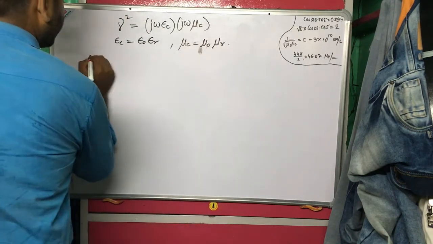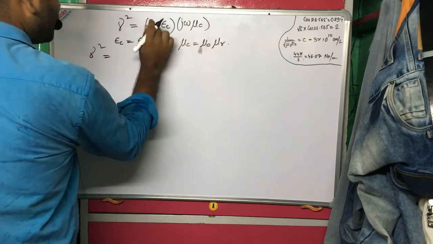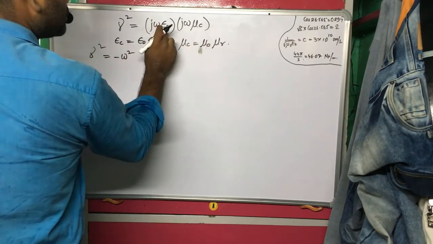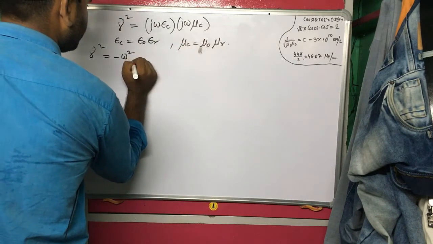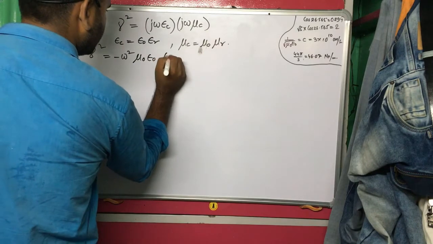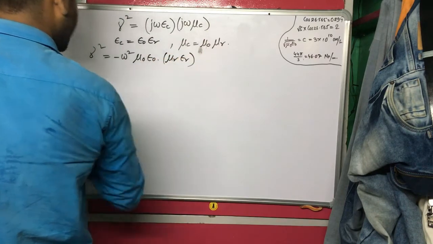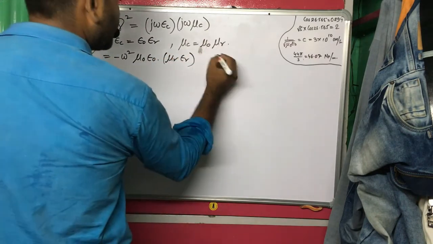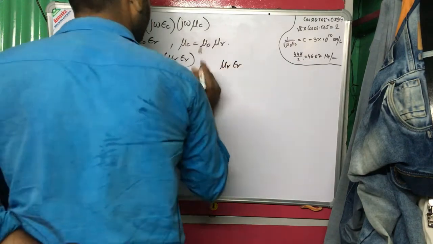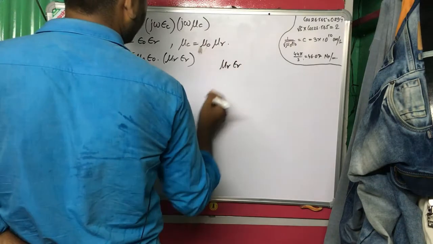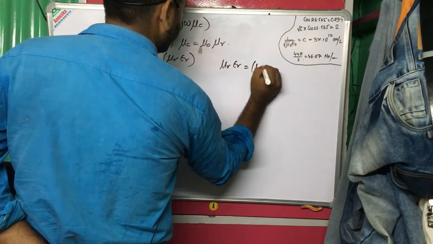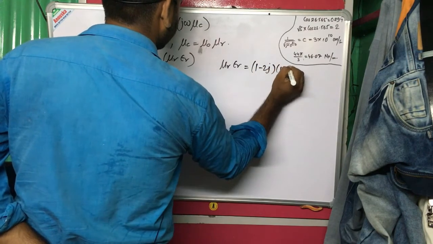So you can write gamma square as, j square is minus 1, so minus omega square mu naught epsilon naught, then mu r epsilon r. The product of mu r and epsilon r, that is relative permeability and permittivity, is basically 1 minus 2j into 1 minus 2j.